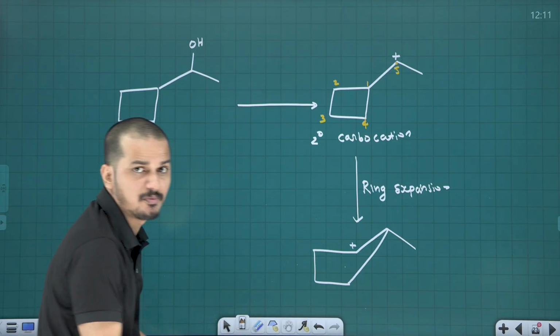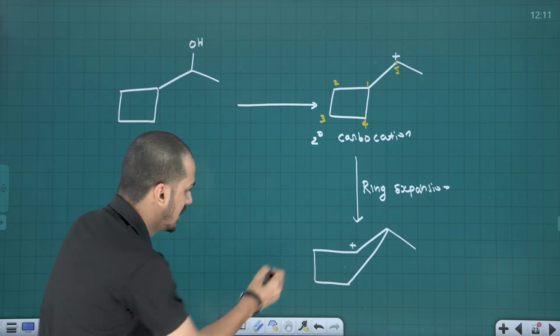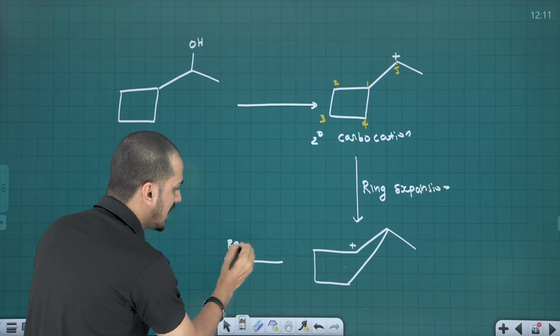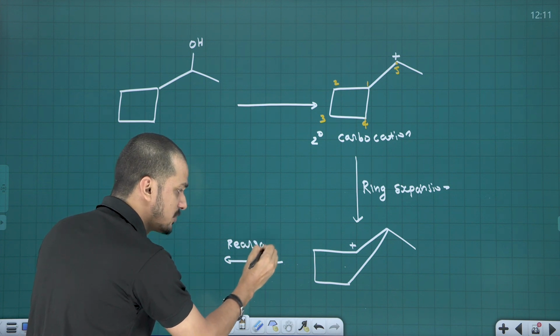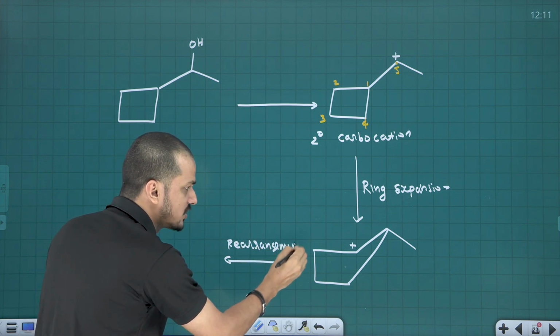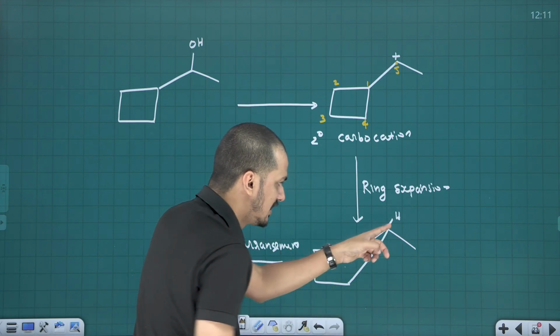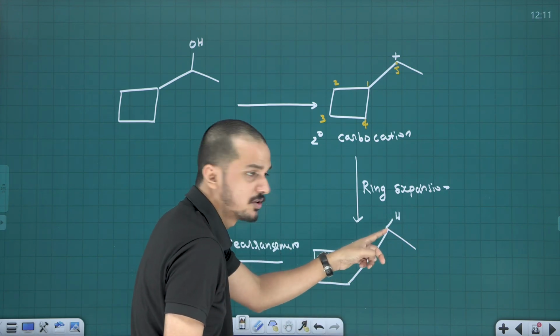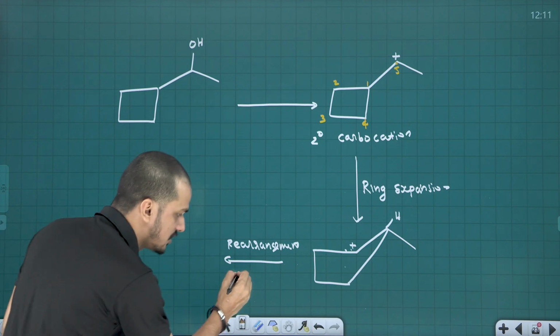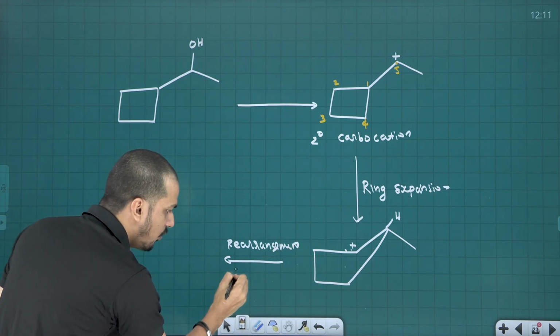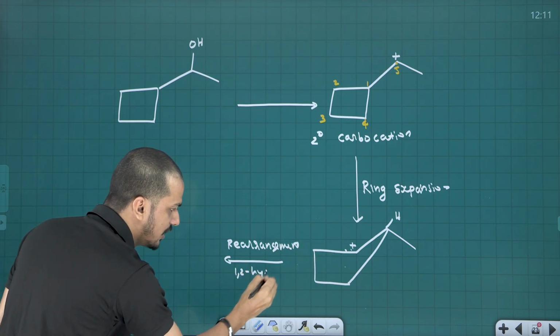Yeah. Next step, what will happen? Here also a shift is possible, a rearrangement. On this carbocation, there is a hydrogen. This hydrogen can shift to here, so the plus can go there, which will give a tertiary carbocation. This is secondary only, so a 1,2 hydride shift is possible.